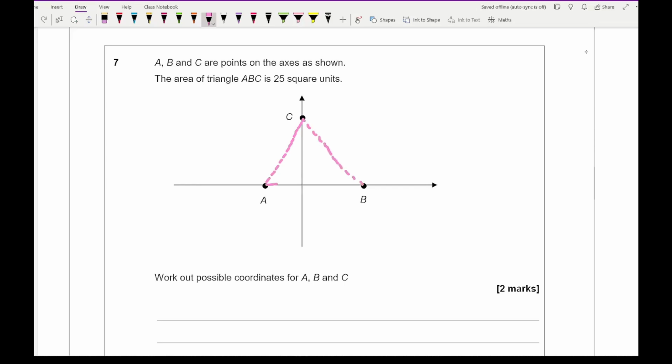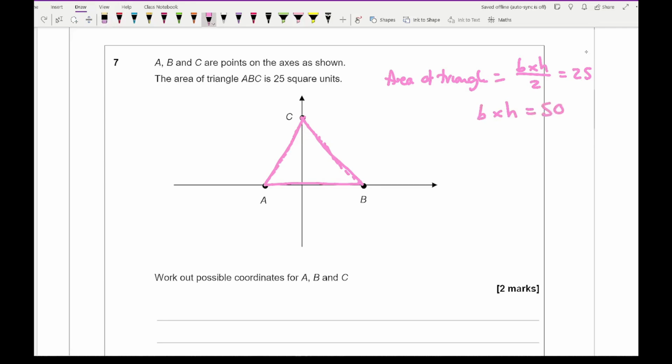So if I start by just drawing that triangle ABC, then we know that the area of a triangle is base times the height divided by 2, which in this case gives me 25. So that means that the base times the height is going to equal 50.